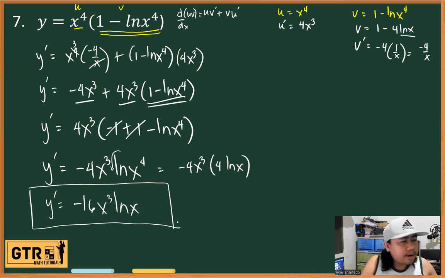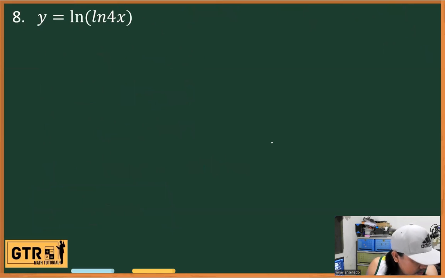So next, number 8. Number 8, y equals ln of ln 4x. So we have 2 ln. So first, let us evaluate the first ln. Okay? Evaluate the first ln. So we have y prime is equal to the derivative of ln u. So for the first term, our u in the first is ln 4x.